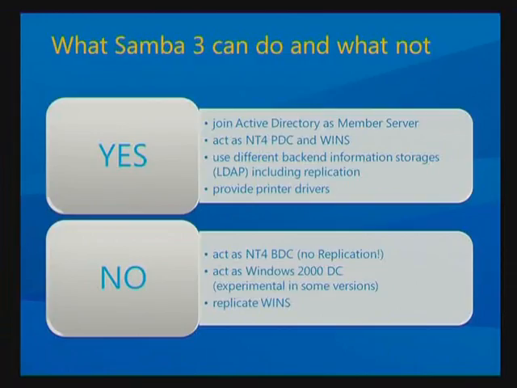It can act as a Windows 2000 domain controller in some very, very experimental versions without any group policy or stuff like that. So if you really want to do that, you should think about it twice and twice and twice again. It cannot replicate WINS either. So if you use it as a WINS server and it's gone, all your clients have to reconnect to the WINS server to re-register in the WINS.